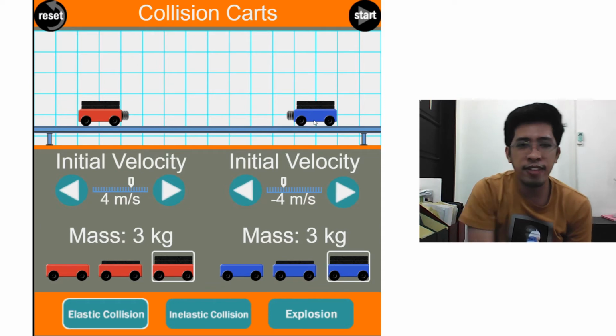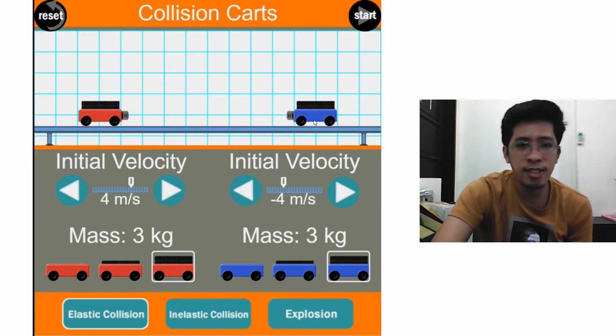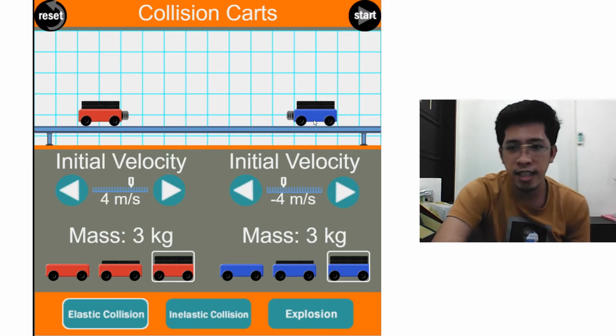So let us have some simulations and let's see the collisions in real action. Let's look at elastic collisions and inelastic collisions, but just on head-on collisions. So we have here two masses, two carts.